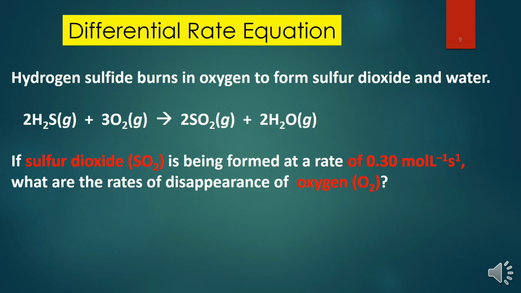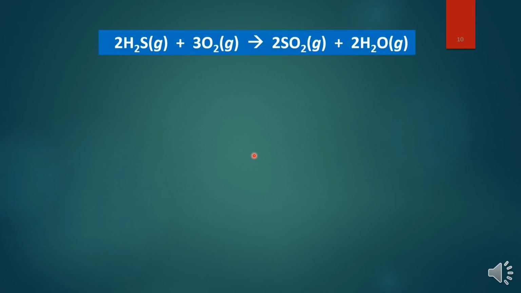So they give you the rate of formation of sulfur dioxide and ask you to find the rate of disappearance of oxygen. Based on this question, the first thing you need to do is write the differential rate equation.